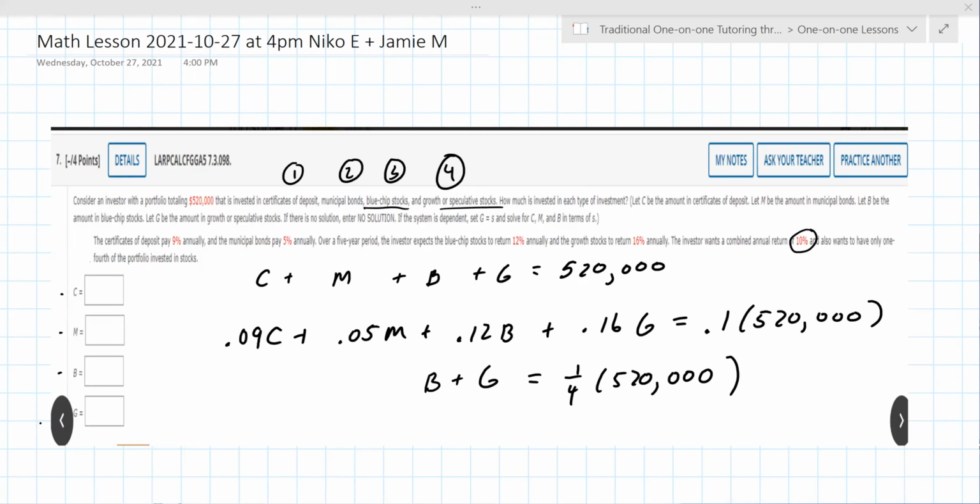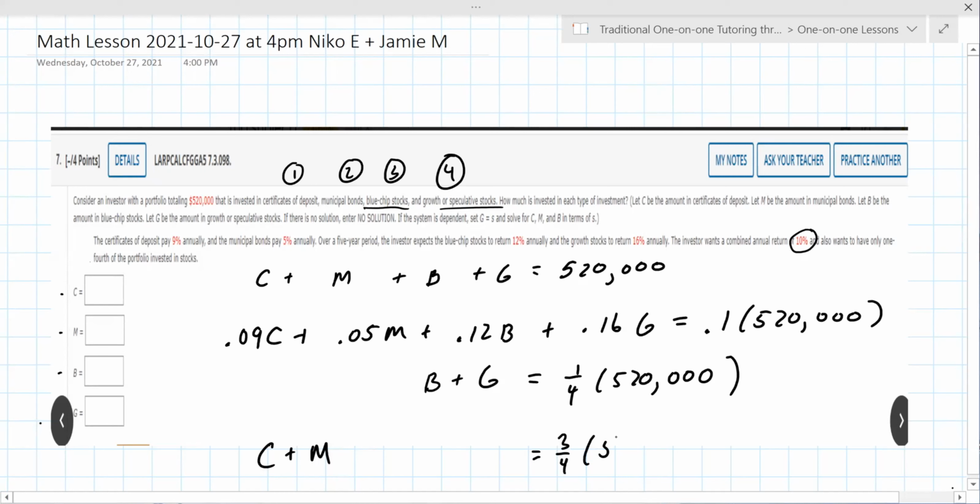But the general solution here is to write the equations and then hopefully get this. So maybe the part that I'm missing is that if b plus g equals a fourth of it, that means c plus m has to equal 3/4 of 520,000.